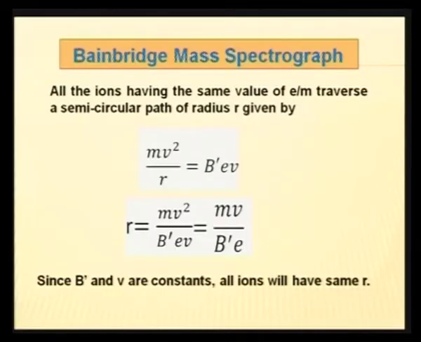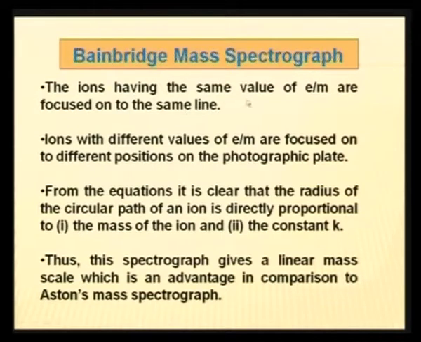Because you are using a velocity selector, all the ions of the same mass will be traveling with the same velocity. So velocity is constant, B prime is constant. Because these things are constants, all ions will have the same r. That is a very important point. So the ions having the same value of e by m are focused onto the same line.